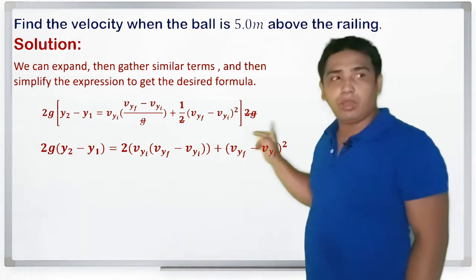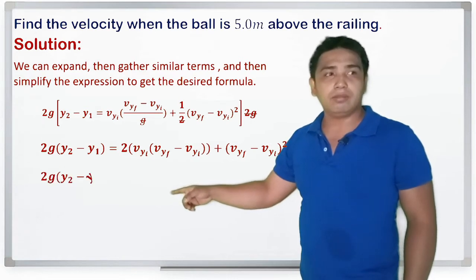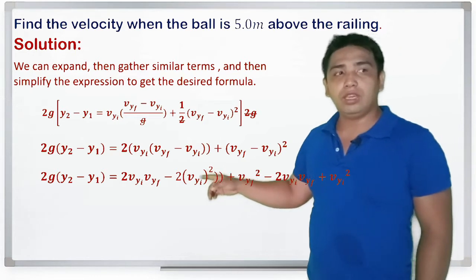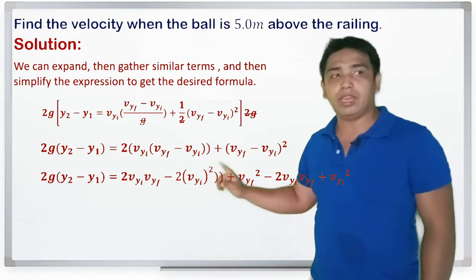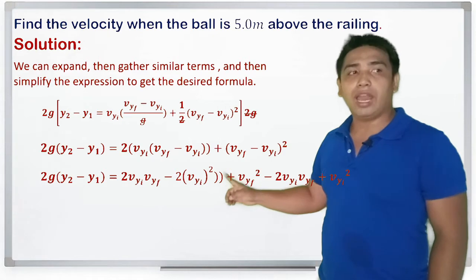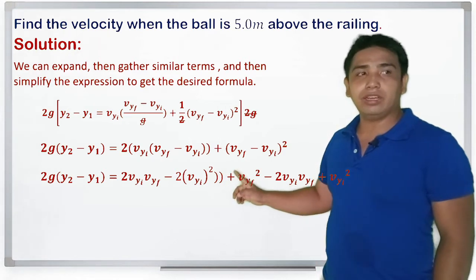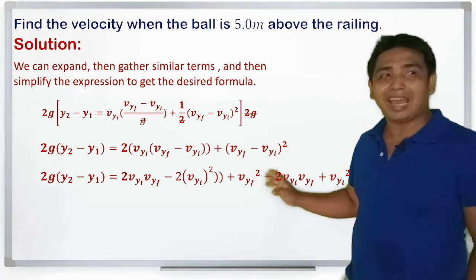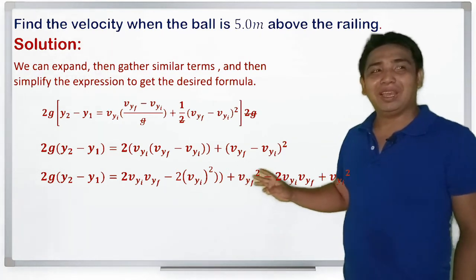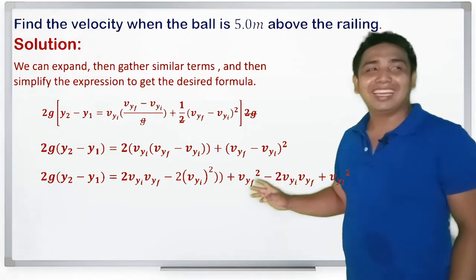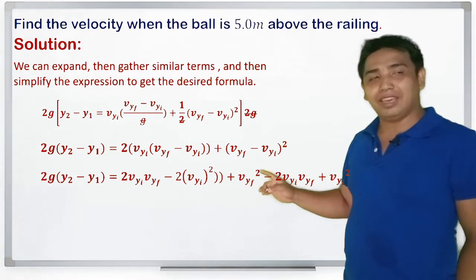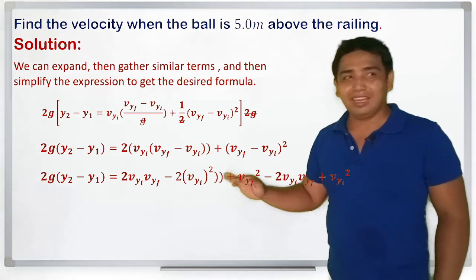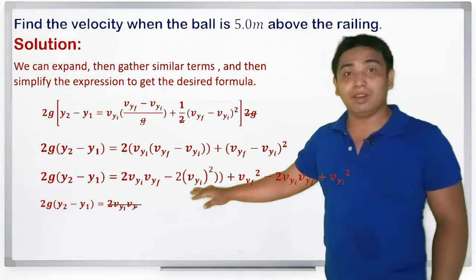Alright, so right now we have 2g times y sub 2 minus y sub 1 is equivalent to 2 vyi times vyf minus 2 vyi squared plus vyf squared minus 2 vyi times vyf plus positive vyi squared. Alright, so here you will see that there are similar terms.